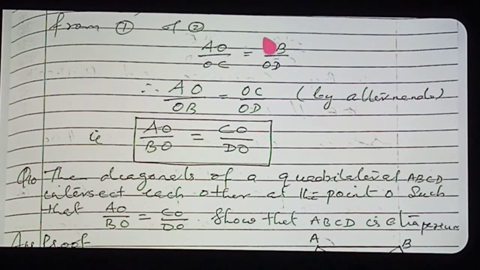AO by OC is equal to OB by OD, same as AO by BO. These two interchange. So AO by OB is equal to OC by OD by the alternate law. So we write it in order: AO by BO is equal to CO by DO. Okay, go through the points.